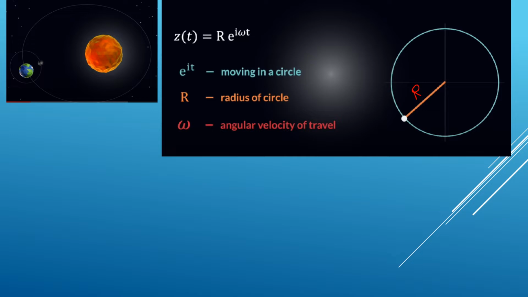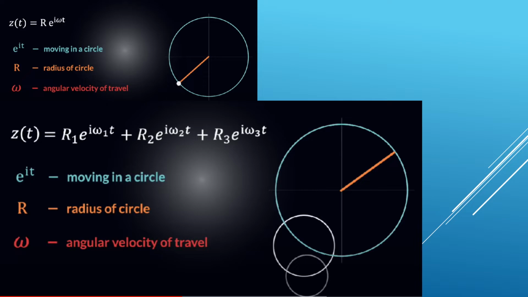Omega is the angular velocity of travel. If we add one more circle with this, you can see here the initial circle of radius r1, and now I added another circle of radius r2 with another angular frequency omega 2, and a third circle is also added with a radius r3 and an angular frequency of omega 3.